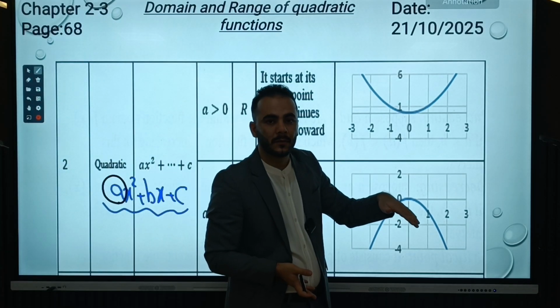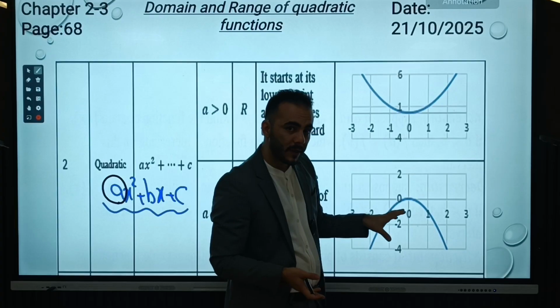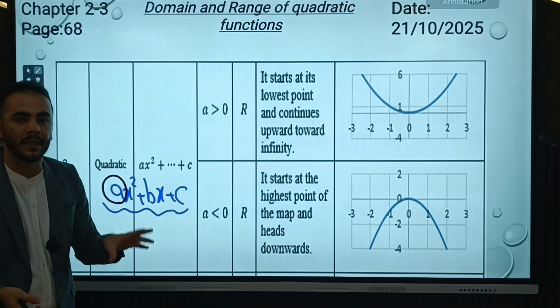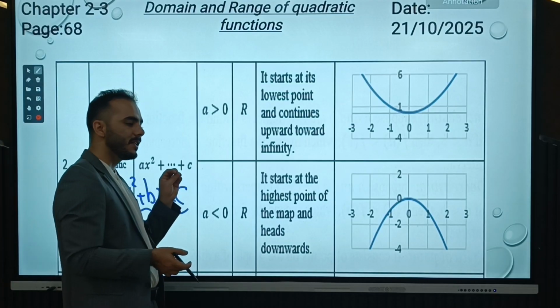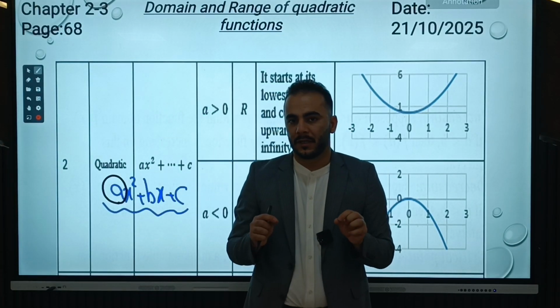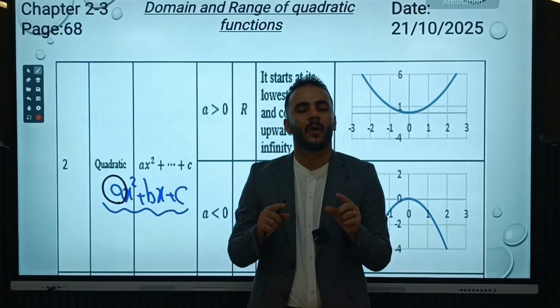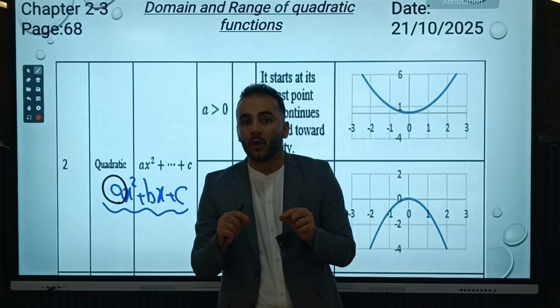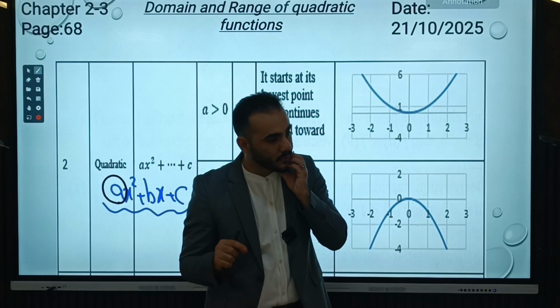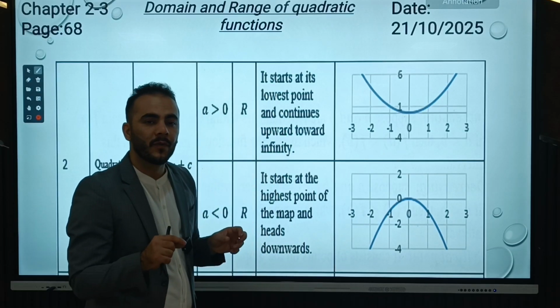So that's going to change the story of the range. Again, in a quadratic function, it's better to say quadratic function. In a quadratic function, the domain is always all real numbers. Because we can give every single value of real numbers to our function.